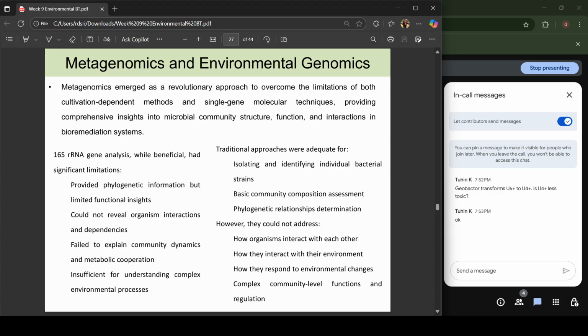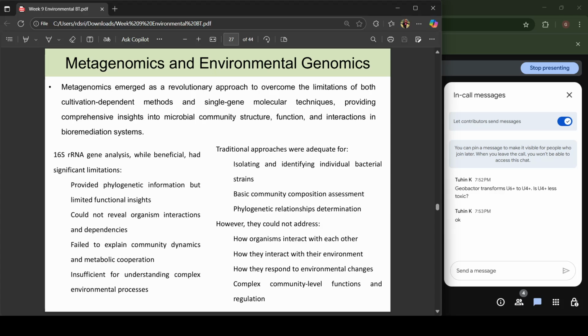So in the previous slides we saw there were different disadvantages, and metagenomics was one technique that could address disadvantages from both the systems. So here 16S rRNA gene analysis has some limitations which we saw already, like phylogenetic limitation. It cannot reveal the interactions and dependencies.